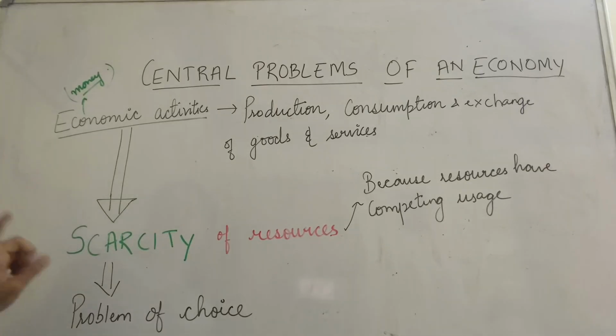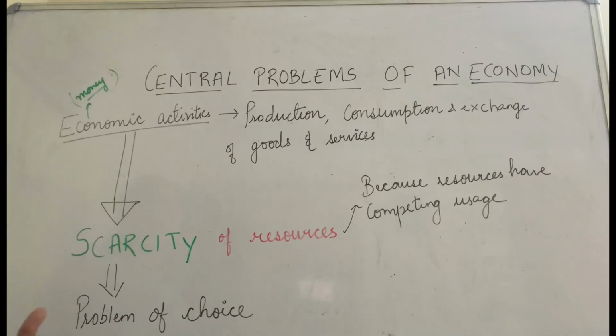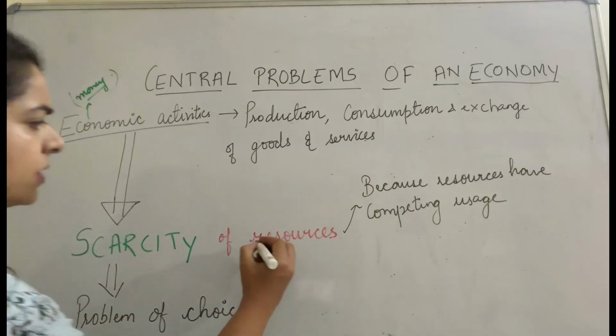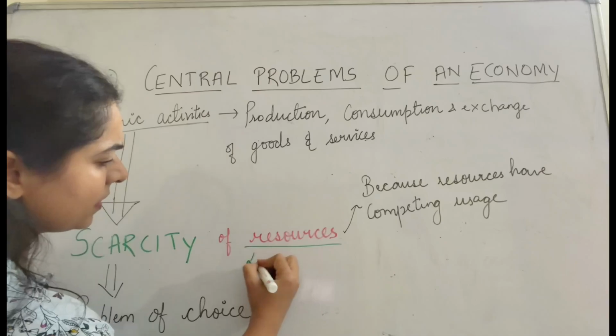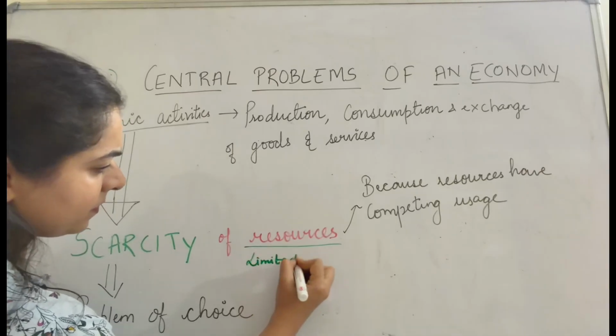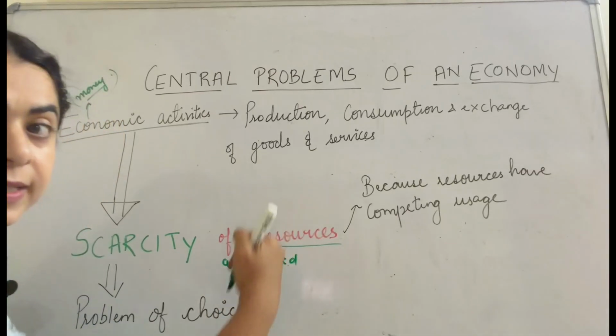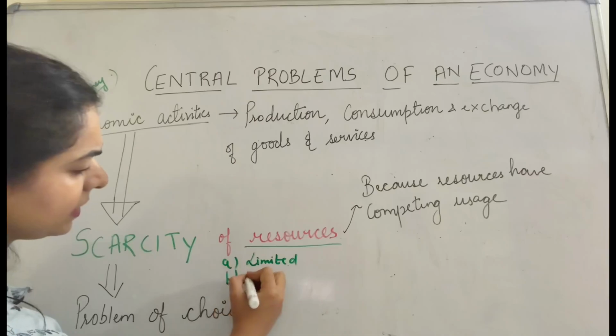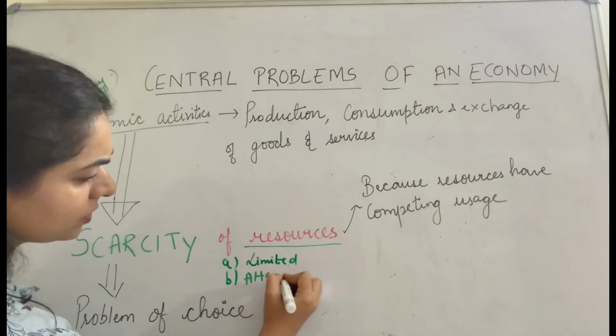Now, next is the problem of scarcity of resources. Because of these economic activities, the economy faces the problem of scarcity. Scarcity of what? Resources. Because resources are limited. These are also termed as characteristics of resources, and they have alternative uses.